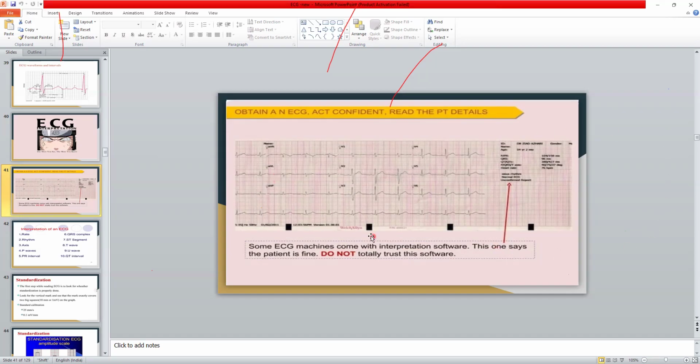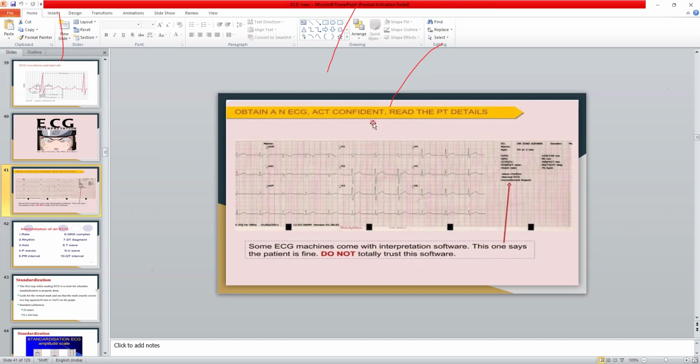This is the normal ECG showing the standard 12 lead ECG. When you obtain an ECG, first read the patient's details, that is name of the patient, age and other details about the patient.